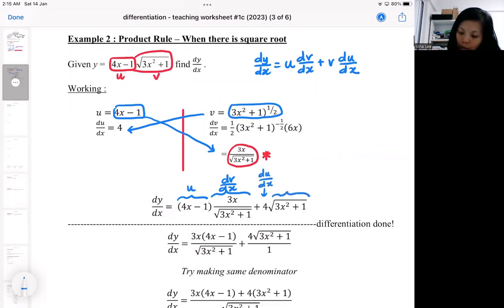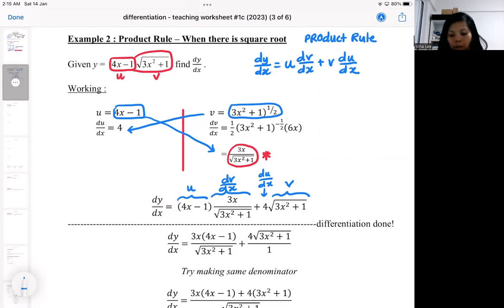This part here is the function v. So once you put the components into the product rule, don't forget, this is the product rule. Anyway, this formula is not given to you. You've got to be doing the differentiation at your fingertips.